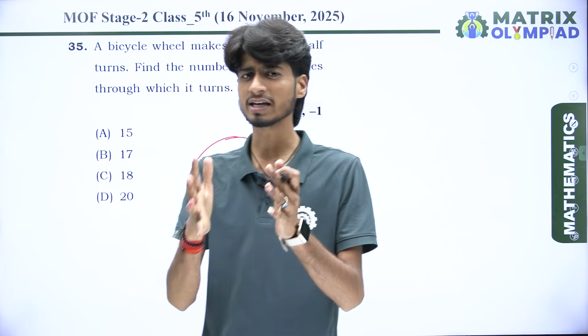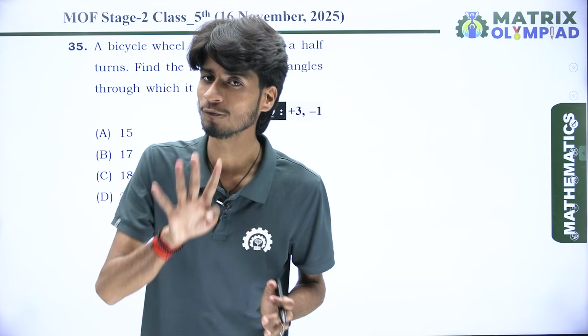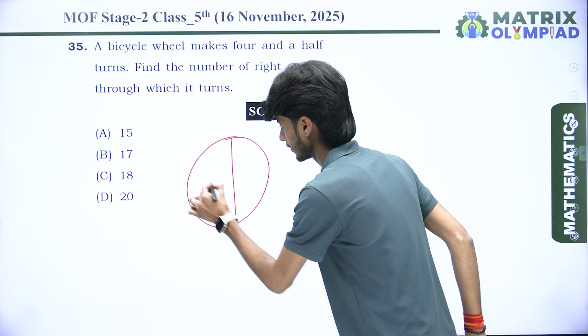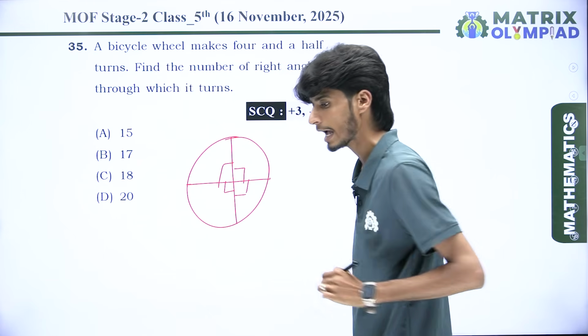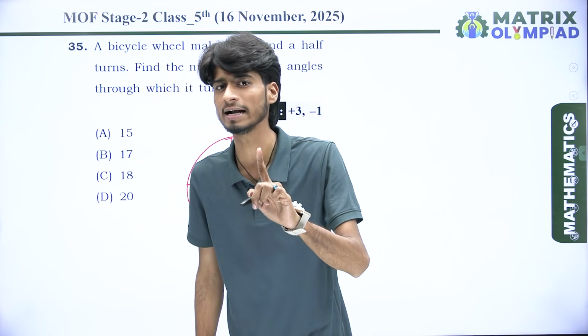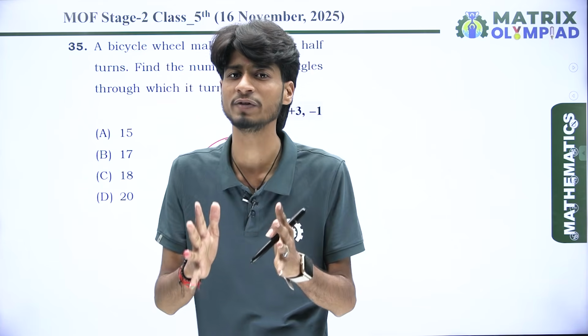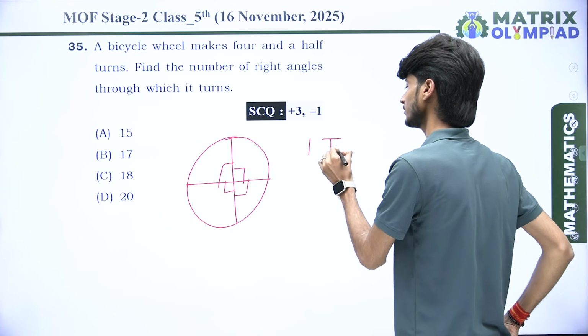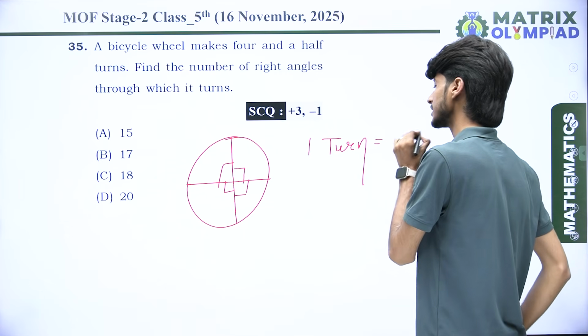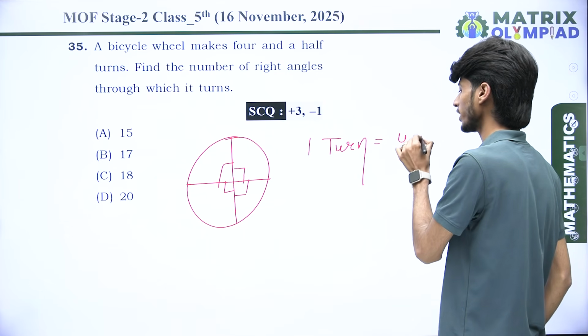Look, in a circle, how many right angles do we have? 4 right angles. First right angle, second, third and fourth. That means in one turn, how many right angles are created by the wheel? 4. So in one turn, we have 4 right angles.